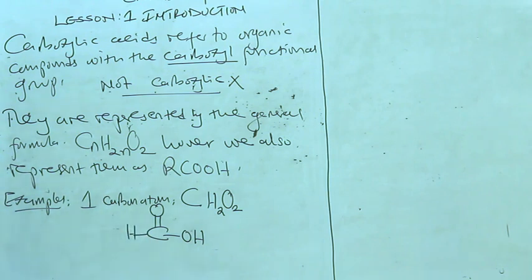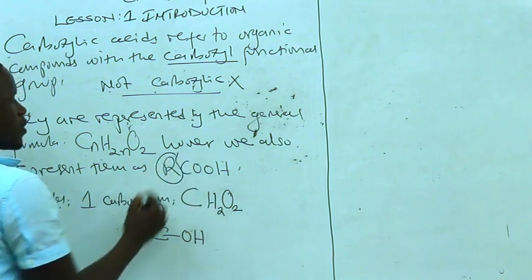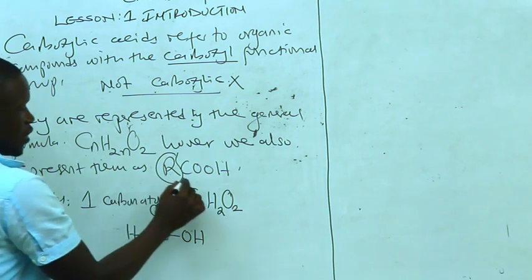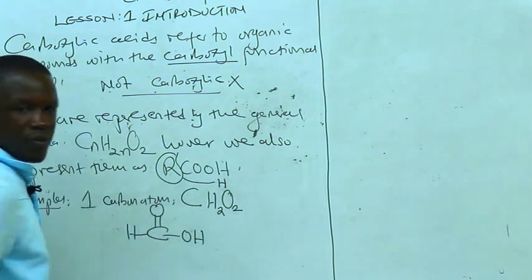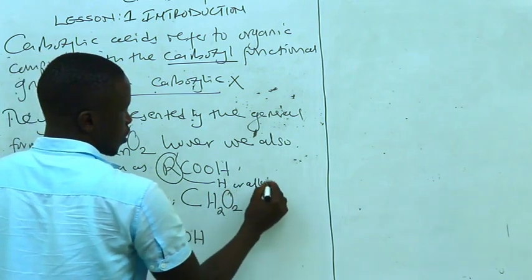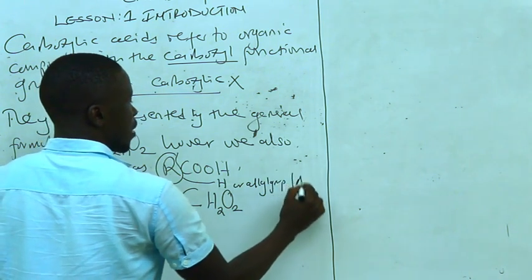So what does it mean? That this R that we use in the simplest generalization of carboxylic acid is either an H or an alkyl group, but it can as well be an aryl group.